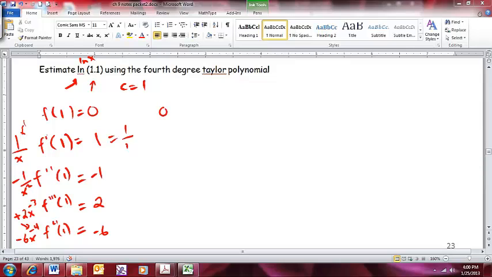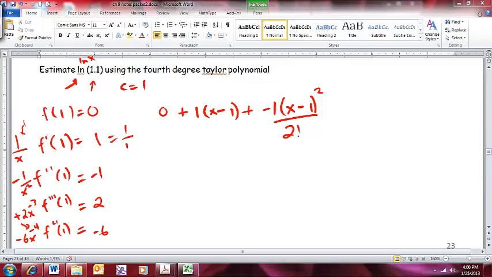So start with our f of 1, so 0, plus, and then we do our f prime of 1, 1 times x minus normally c, and our c value is 1. Get into the first over 1 factorial. Not all that necessary because those are just 1s. Plus, and then we do our second derivative, negative 1 times x minus c to the second over 2 factorial.